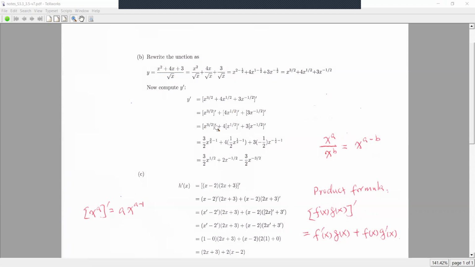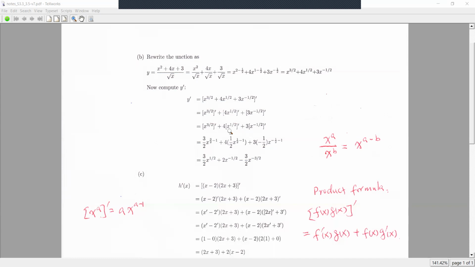Now, the derivative of the power function x to 3/2 is 3/2 times x to 3/2 minus 1 by this formula.